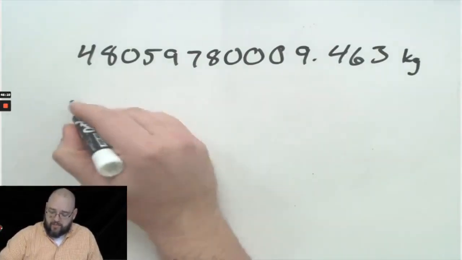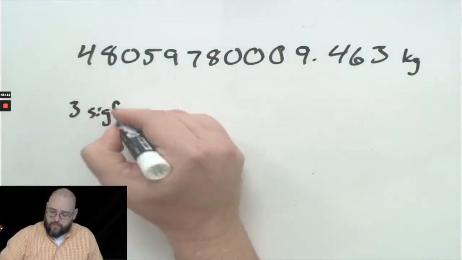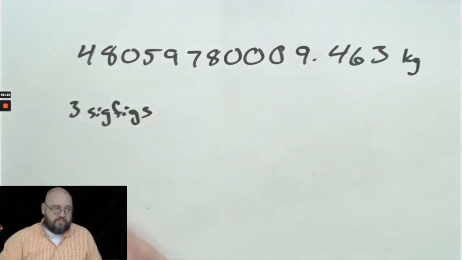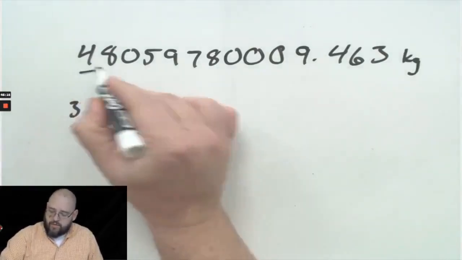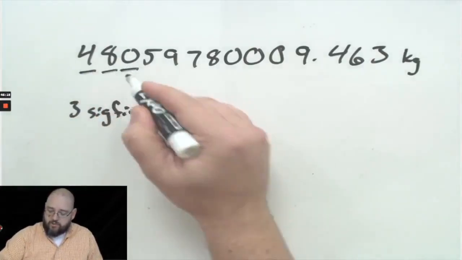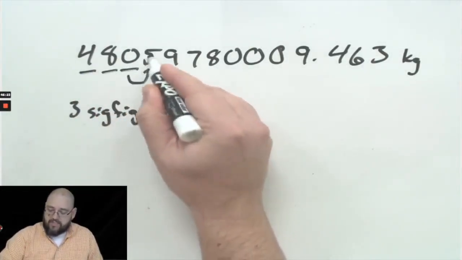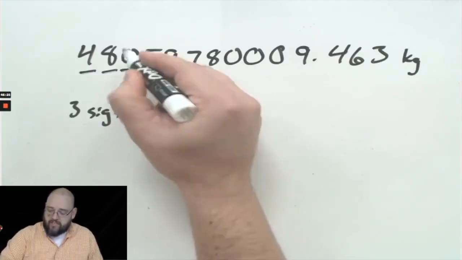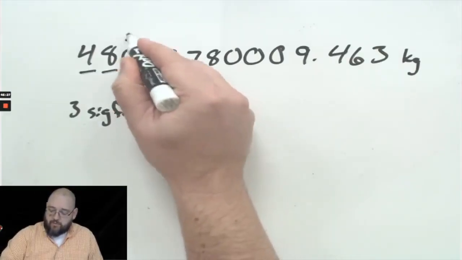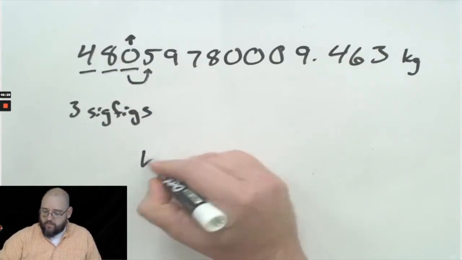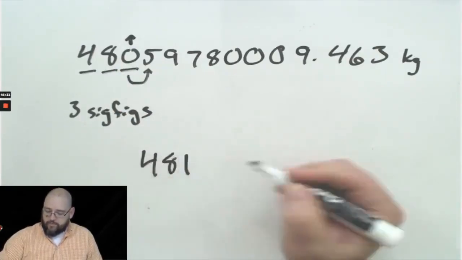So I need 3 sig figs. 1, 2, 3. This would be my 3rd significant figure, so I'm going to look next door. That's a 5, so the 0 is going to get rounded up to a 1. So I'm going to have 481.